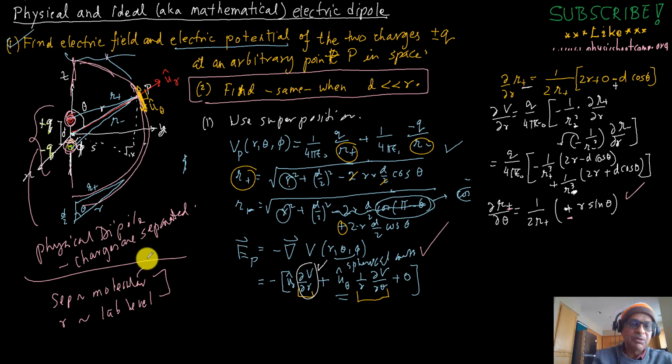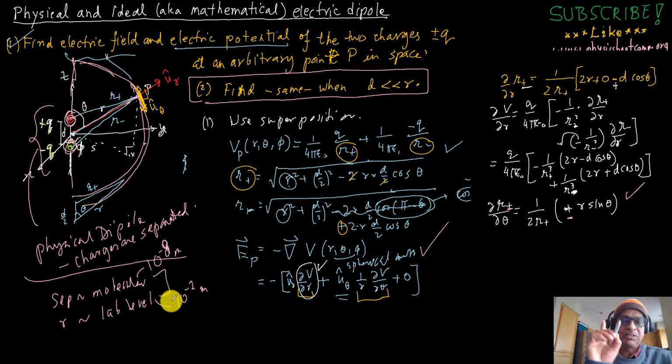The molecular level will be like 10 to the minus 6 micrometer, a few nanometers, 10 to the minus 8, and this will be like a few centimeters, so 10 to the minus 2 meter. So you have about 6 orders of magnitude here.